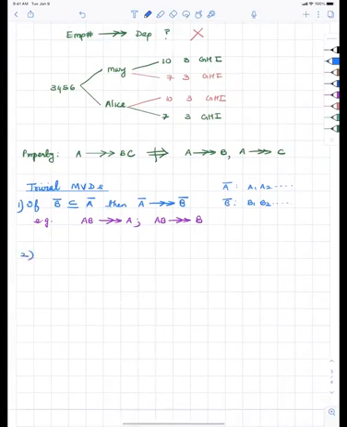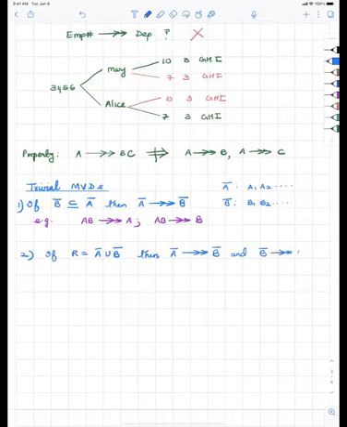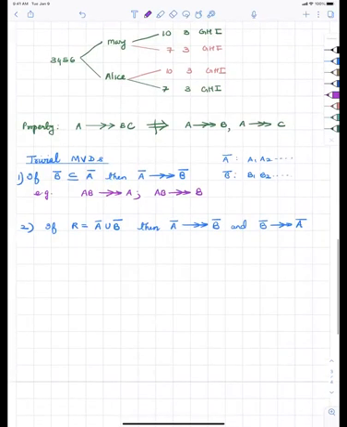The second one is, if you have a table R equal to the union of attributes A union B, then A bar multi-value determines B bar. Taking an example, let's say we have a table R with just 3 attributes, A, B, and C. In this case, you can say that A multi-value determines BC because that's all you have.